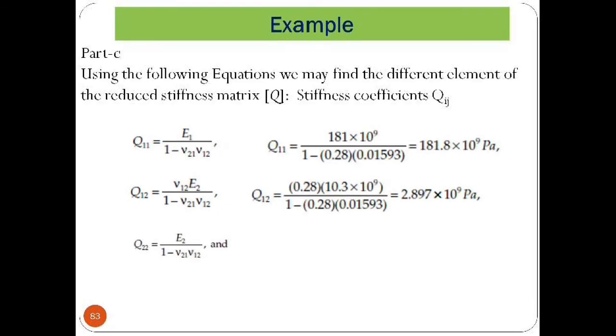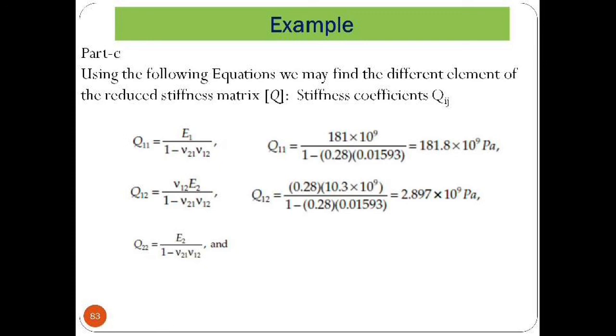Now the stiffness coefficients have to be considered for the other direction, that is the transverse direction. Q22 equals E2 divided by 1 minus nu21 into nu12. So this is for the transverse direction.